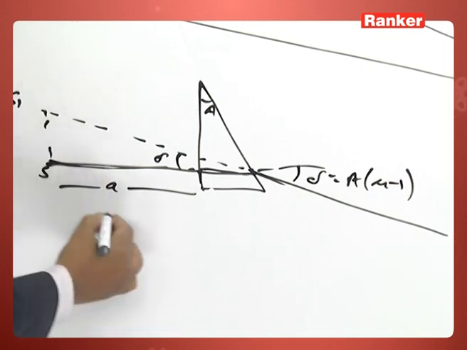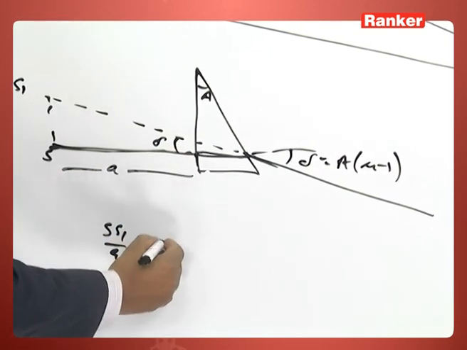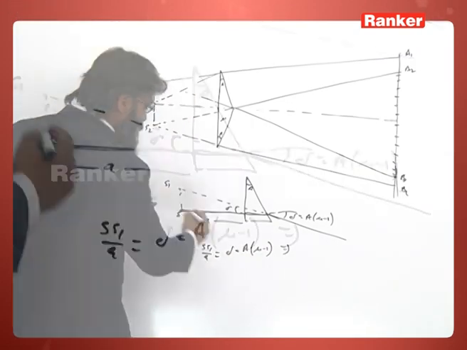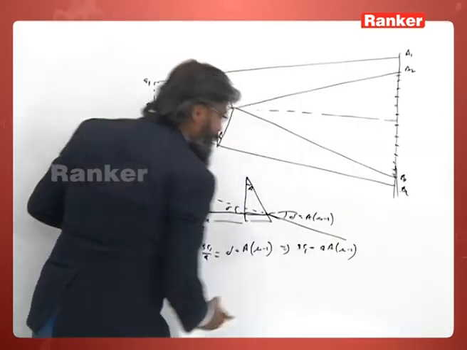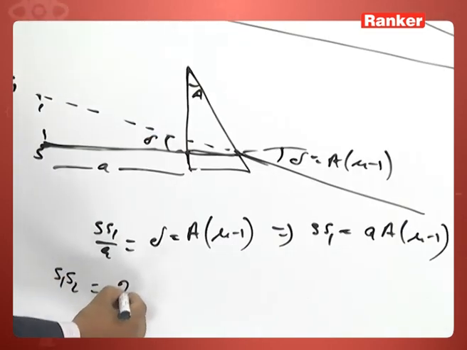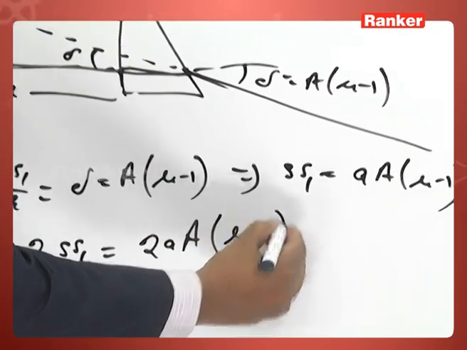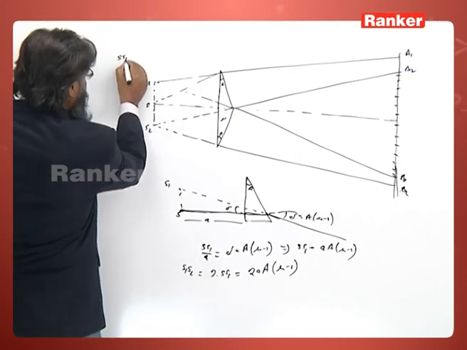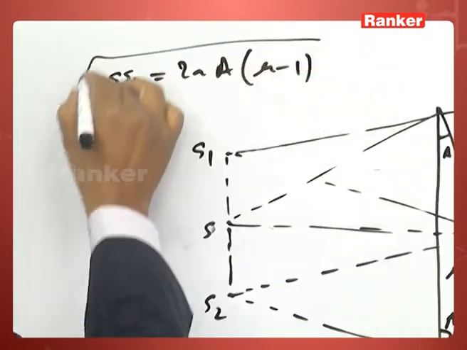So S1 by a gives tan of deviation, that is the deviation, A(μ−1), which implies S1 is aA(μ−1). Now the slit width is S1S2, that is 2 times S1, which becomes 2aA(μ−1). So we got the slit width, d = 2aA(μ−1).